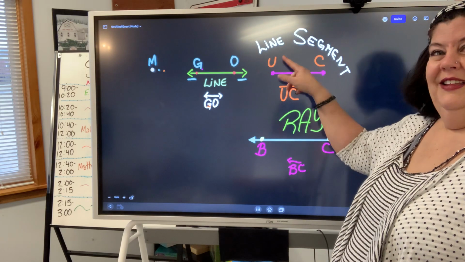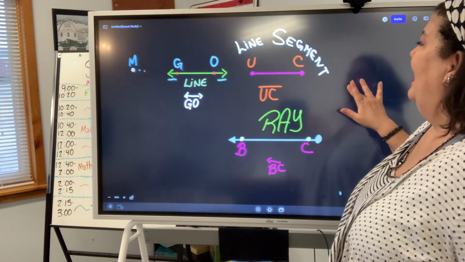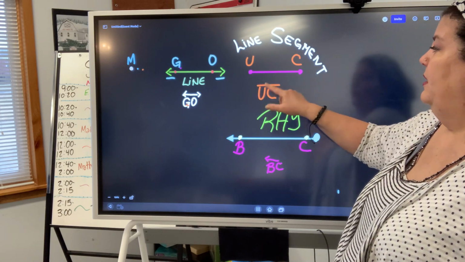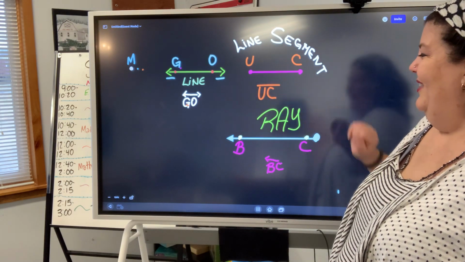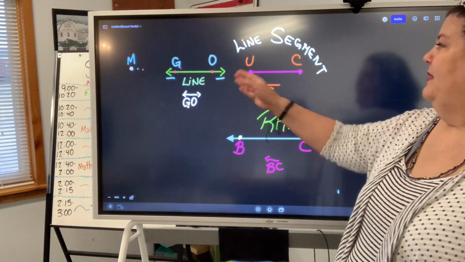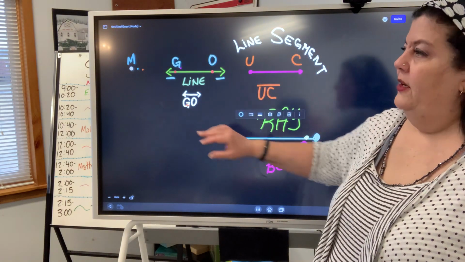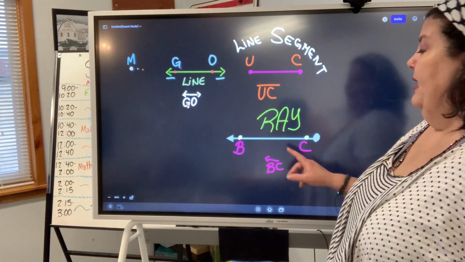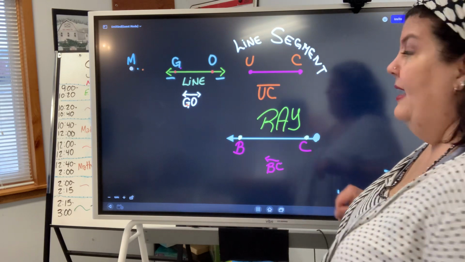You see, we have the line segment, and that has a definite point on each side, and we represent it with a line, and you see underneath, and then finally the coolest, Ray, which has the best of both worlds. It goes on one side forever, on the other one, it stops, and it's represented by a line and an arrow.